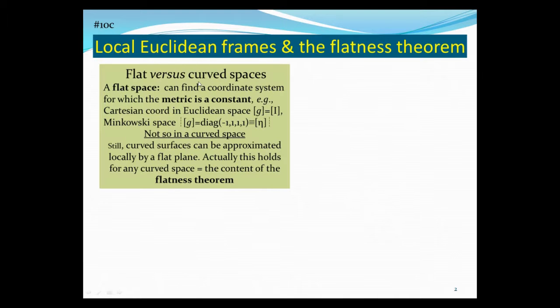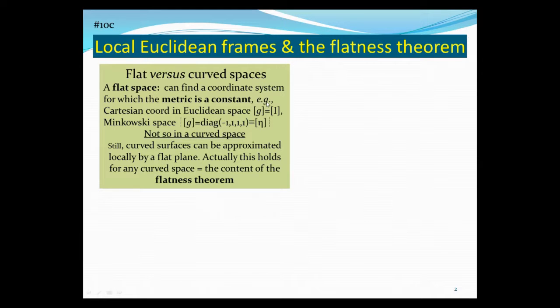So the remaining item we need to discuss is the so-called Flatness theorem, in which we need to distinguish between the description of a flat space versus a curved space. In a flat space, it is possible to find a coordinate system in which the metric is a constant. For example, the Cartesian coordinates in Euclidean space give just an identity matrix.